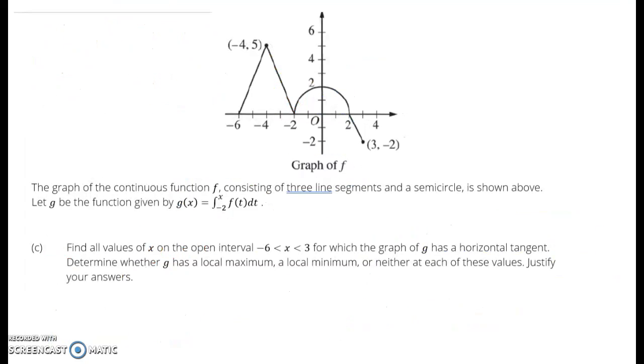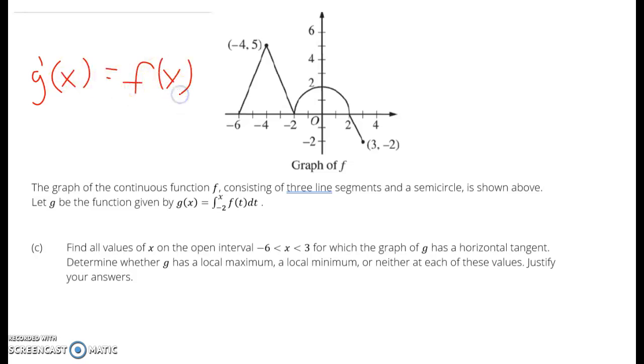Okay, for part C, we're asked to determine now where G has a horizontal tangent, and then determine if those places are maximums, minimums, or neither, and justify our answers. Again, the big relationship that we already established is that g prime is equal to f.